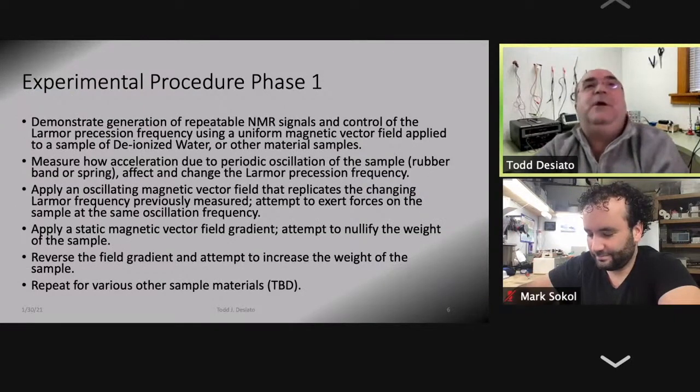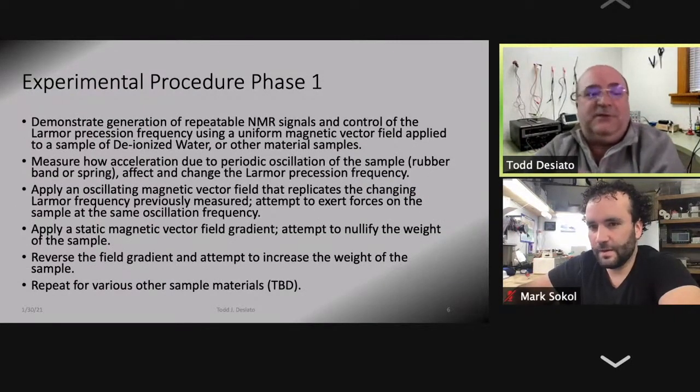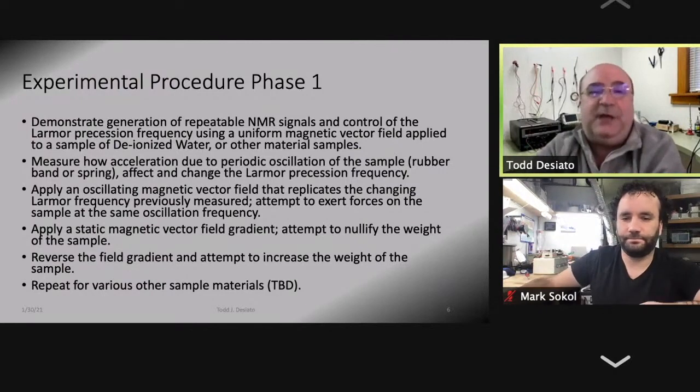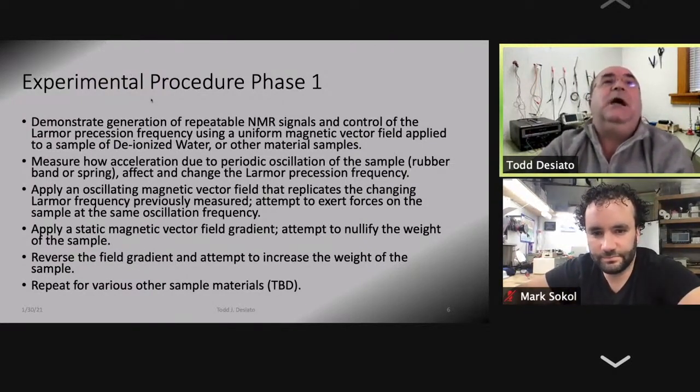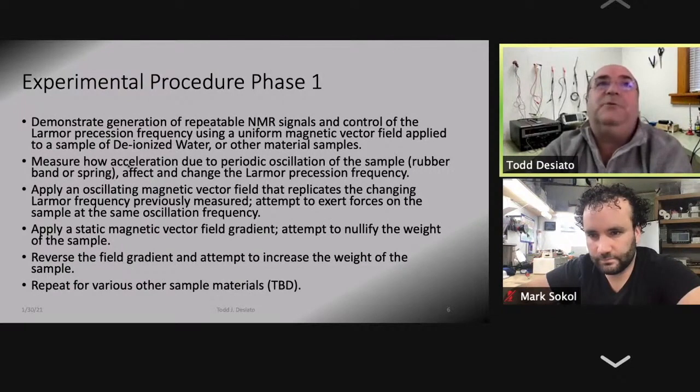So my experiment that I'm working on, and I've been working on this for the better part of 2.5 months now, putting everything together, is to demonstrate the generation of repeatable nuclear magnetic resonance signals and control of the Larmor precession frequency using a uniform magnetic vector field applied to a sample of deionized water or other material samples.